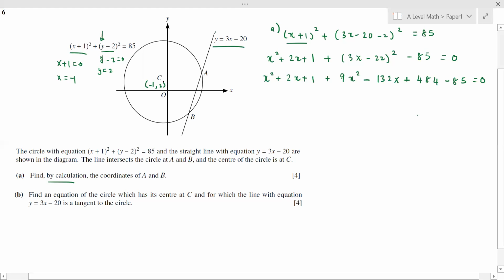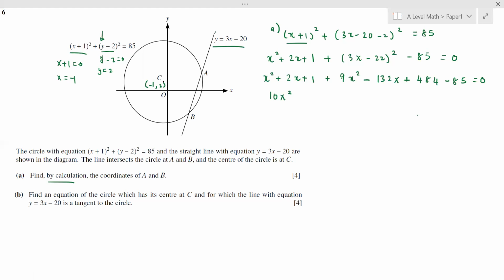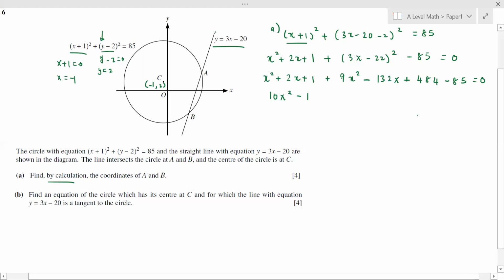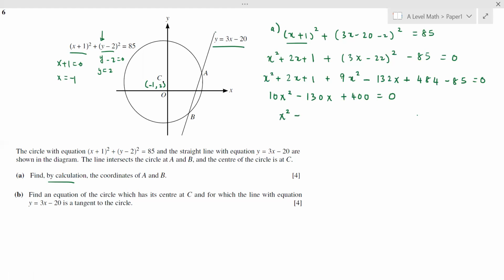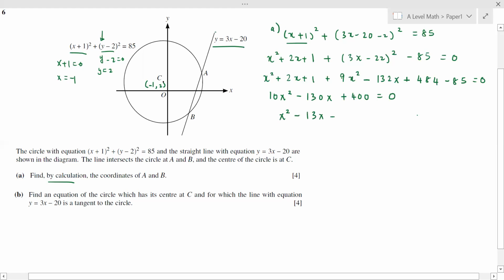Collecting like terms, we have 10x² − 130x + 400 = 0. We can divide all these terms by 10 so that x² − 13x + 40 = 0.